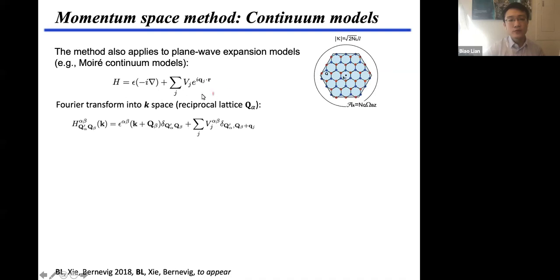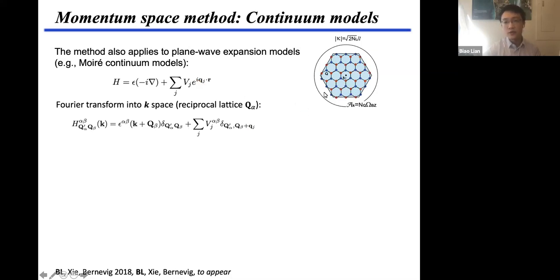By Fourier transforming this model into momentum space, one obtains a momentum space Hamiltonian, which contains a kinetic term expanded at every reciprocal lattice vector Q. And there's a hopping among different lattice potentials connected by these Fourier components Qj.